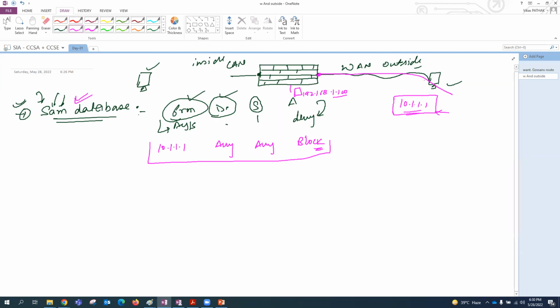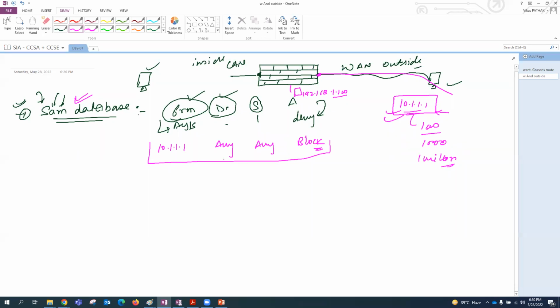So through this, you have blocked the traffic. Also, you have saved the resources of the firewall in processing these packets. It doesn't matter whether 100 packets are coming, or 1,000, or a million packets in 1 second, every packet from this source will be dropped at the interface level.